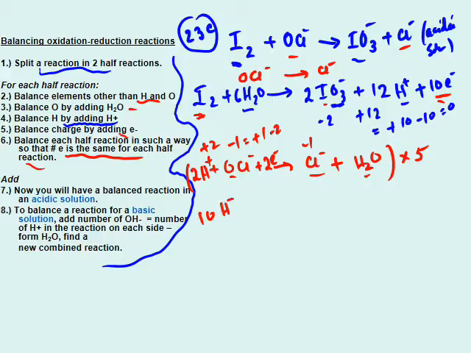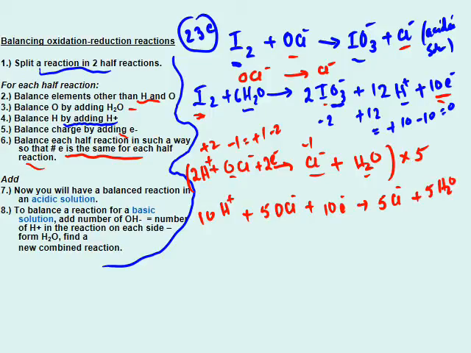10H plus, 5 OCl minus, plus 10 electrons, giving 5 Cl minus plus 5 H2O.